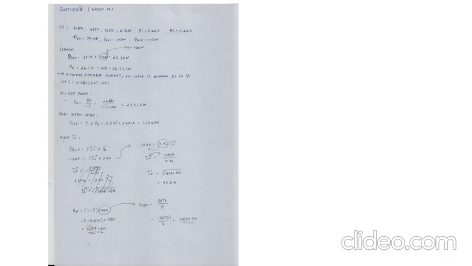And the second calculation is rotor copper losses, where the formula we use is P_CU equals S times P_G, where S is the slip that we assumed, 0.042, and P_G is the air gap power that we got before, 27.72 kilowatt. And for this rotor copper losses, we got around 1.164 kilowatt.